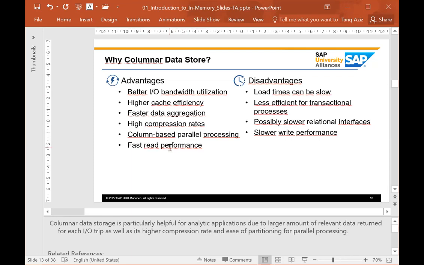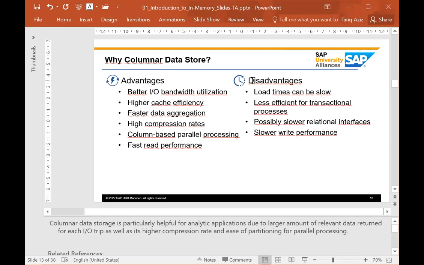This column database is very good for reading. Row-based data is good for writing. So, faster read performance. The disadvantage is it takes some time. As I told you, if you add new records, it will recreate the whole table again in the column-based.